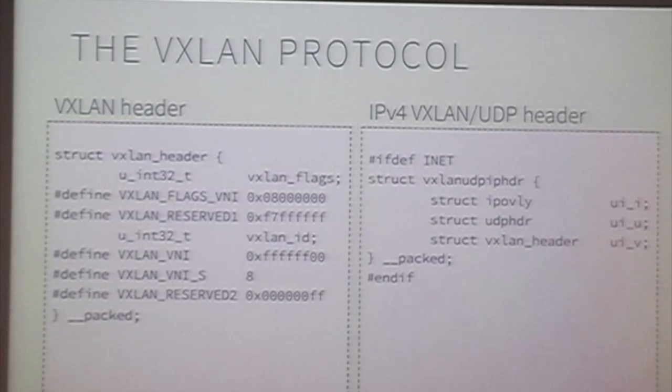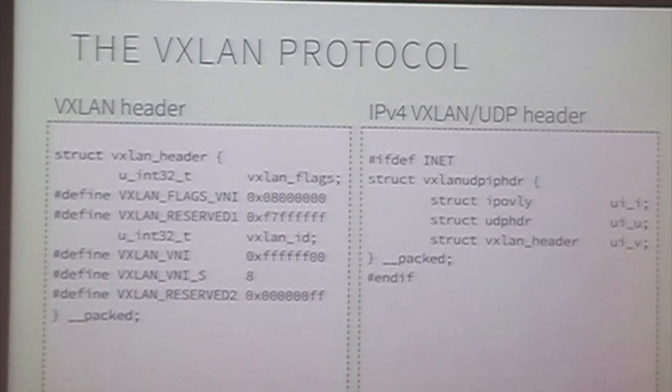So I have the VXLAN header, which is these two 32-bit words. You might wonder why I'm not using bit fields, or we don't use bit fields in OpenBSD for networking protocols for different reasons. So I have two 32-bit words and some masks and flags to quickly access it.